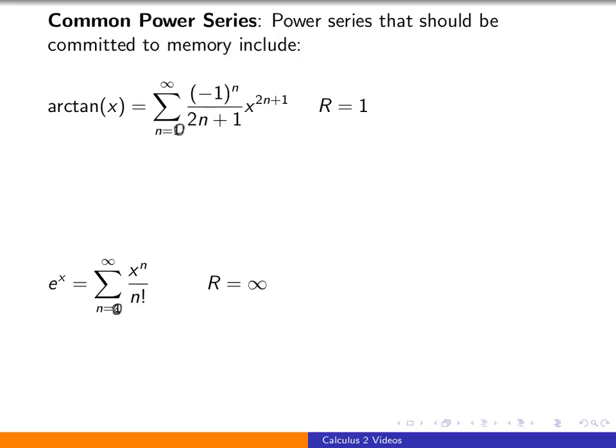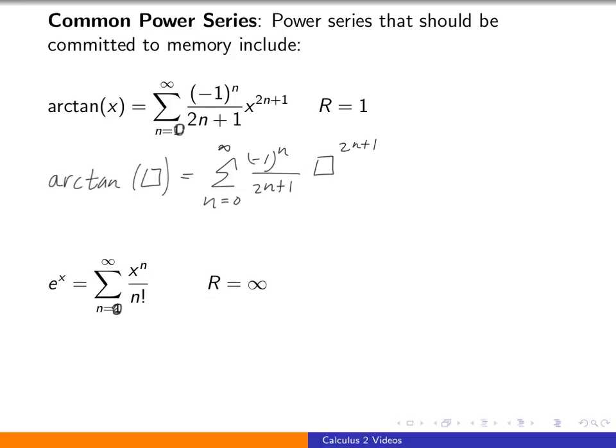And both of these power series can be represented a bit more generally. Instead of using the variable x, we can replace that, as we've done before, with a blank. So arctangent of something is the sum from n equals 0 to infinity of minus 1 to the n over 2n plus 1 multiplied by that something raised to the 2n plus 1. For example, if you wanted a power series representation of arctangent of x squared, you would simply plug x squared into both blanks and then simplify.